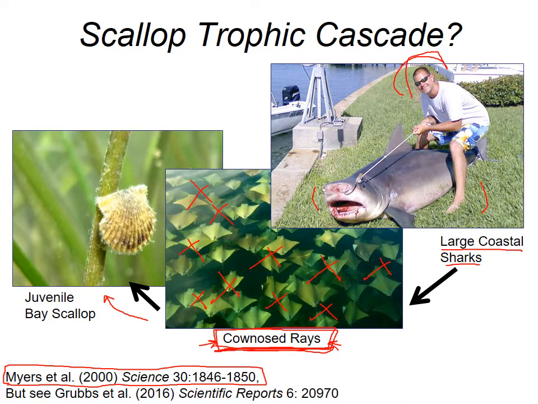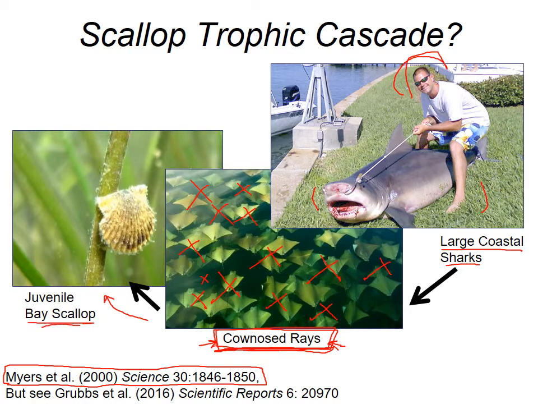The population was pretty normal, and the rays were really in danger of being overfished by this sort of panicked scapegoating, and the main reason that the juvenile bay scallops were becoming rare was pollution and loss of their seagrass habitat. So really the cow-nosed rays had ended up being scapegoated when it was mainly other environmental problems like water pollution and loss of seagrass beds that were leading to the decline in the bay scallops.